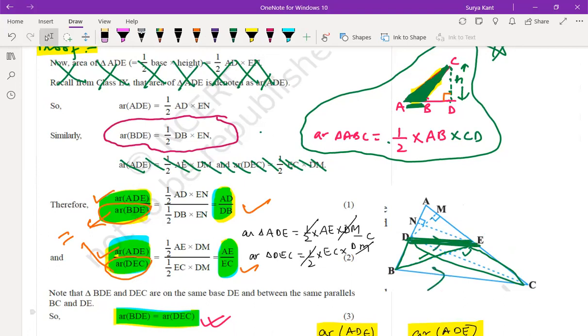You have read this in class 9th: any number of triangles lying on the same base and between the same parallels are equal in area. So the area of BDE is equal to the area of DEC. If these two are equal, this complete part is equal, and simultaneously these two are also equal.